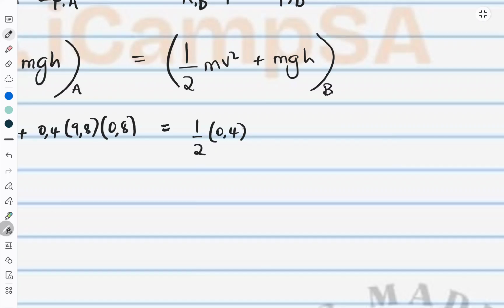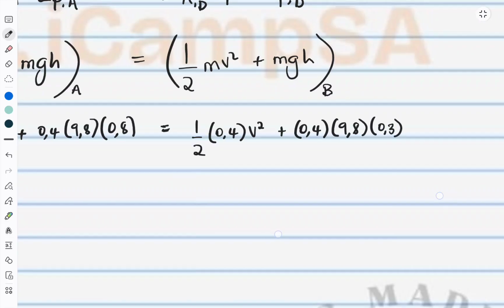Not 0.4. We don't know the speed, so we can leave it as v squared plus m, still the same block, right? 9.8 times, what's this, h is 0.3.